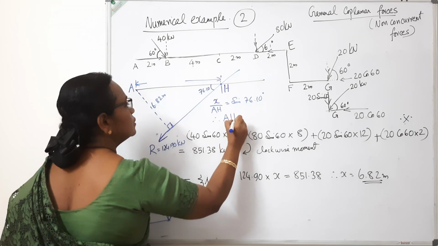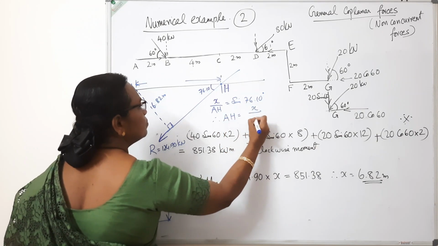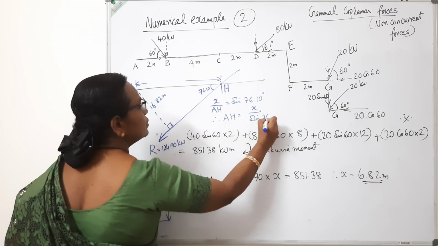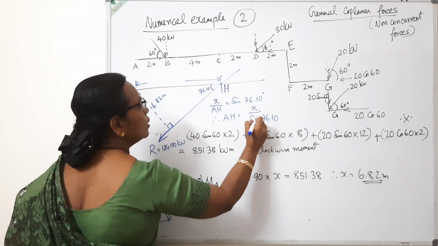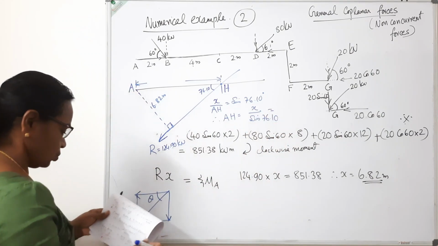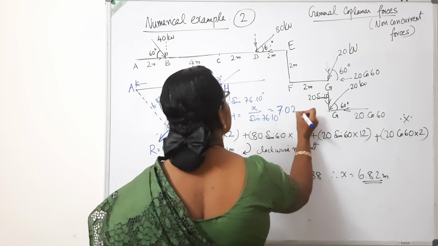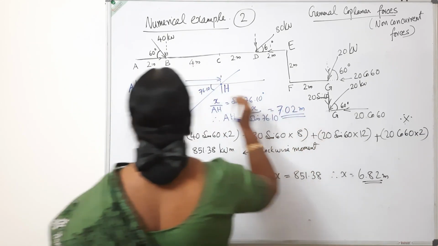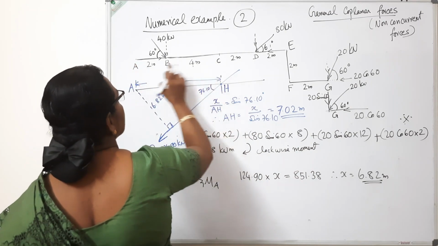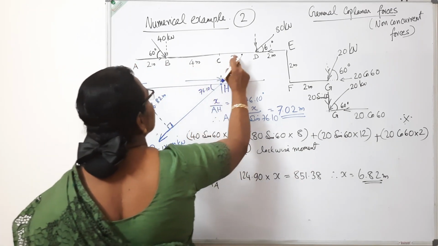Therefore, AH is equal to X by sine 76.1, and it works out to 7.02 meter. So the horizontal distance of the resultant from here is 2 plus 4, 6. So it falls somewhere here.